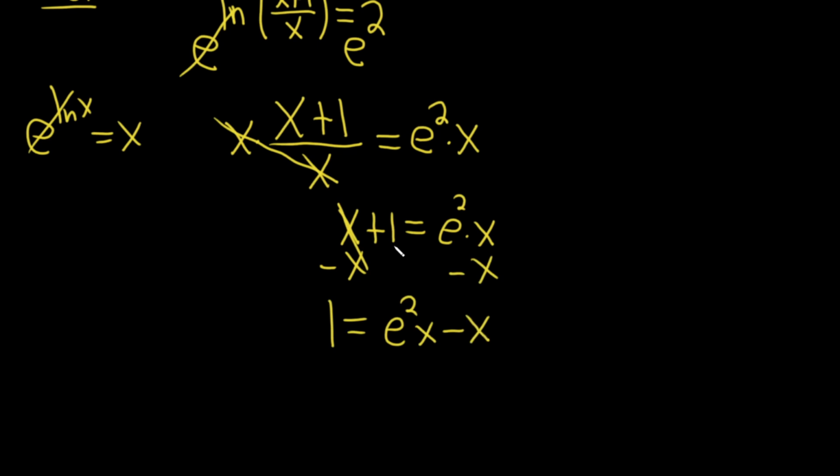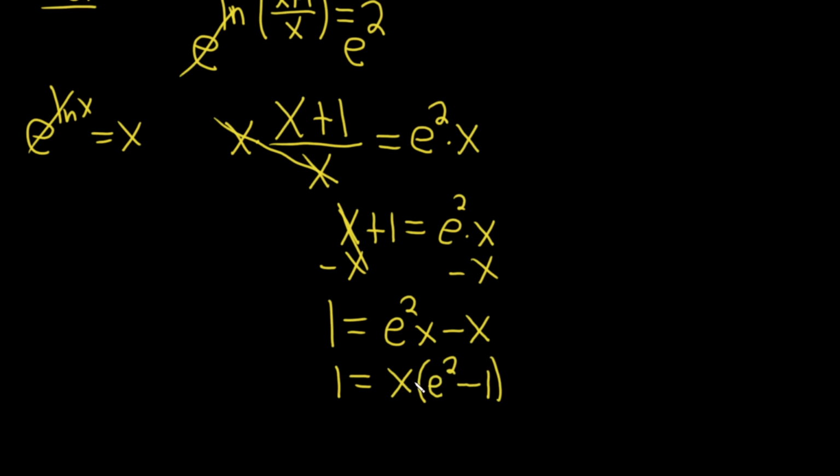Now that we have them all together on one side, we can factor out an x. So we can put it here like this, and put a parentheses. And looks like we're missing an e squared, because x times e squared is x times e squared. And then minus 1, that's because x times minus 1 is minus x.